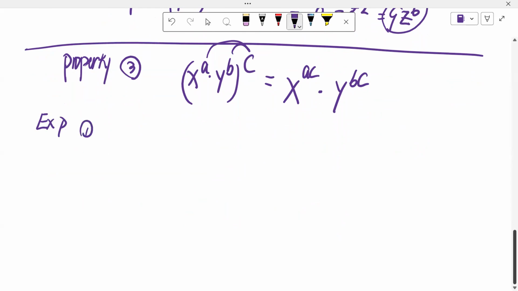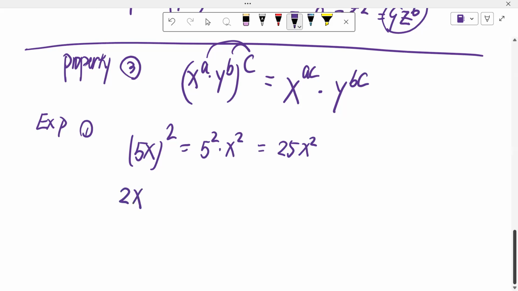First of all, let's say we have 5x to the second power, and actually by default there's a 1 here, but we can omit it. It's okay. So distribute 2 to both 5 and x: 5 squared times x squared. 5 squared is 25 x squared. The next one, let's say we have 2x y squared to the third.